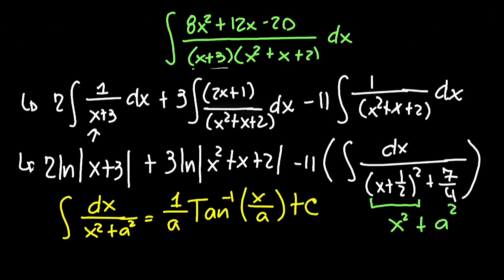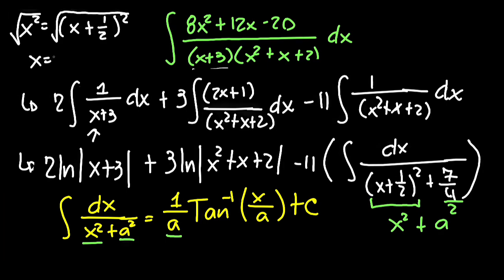So for this, x squared right here represents x plus 1/2 squared, and a squared represents 7 over 4. For our answer, we need the value of just a and x. So x squared is equal to x plus 1/2 squared, and by taking the square root of both sides, x here would be equal to x plus 1/2.